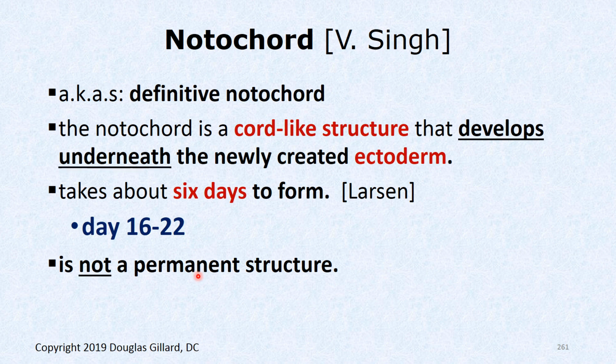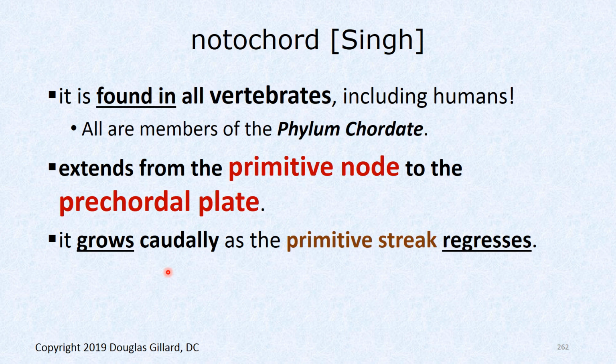It's going to disappear except for the very tiny last part of it that doesn't disintegrate, which is actually used to form the nucleus pulposus of the intervertebral disc. All vertebrates have a notochord, whether permanent or not, and that makes them members of the phylum Chordata, of which humans are a member.